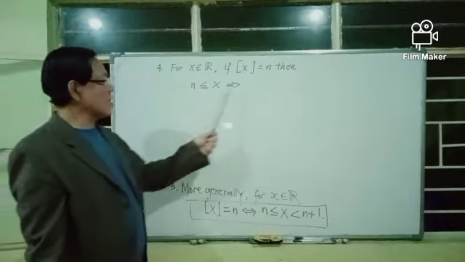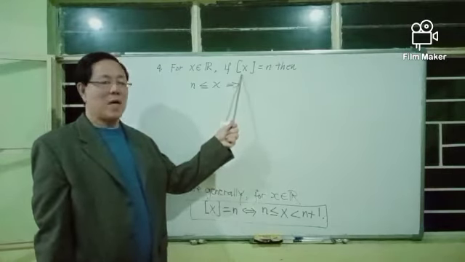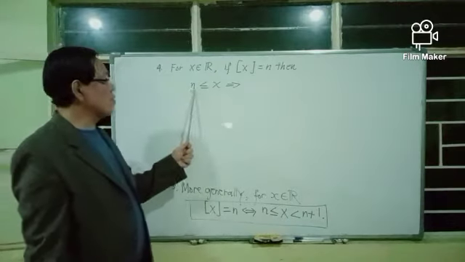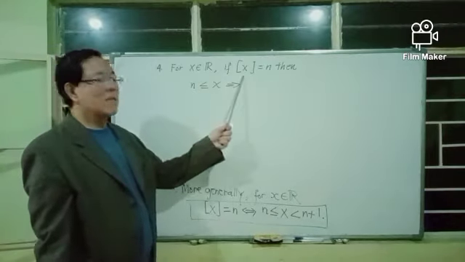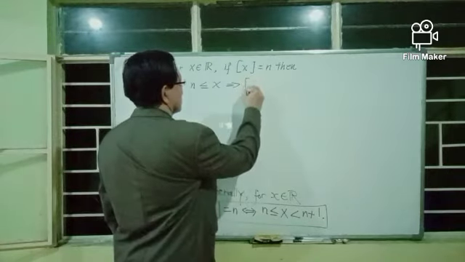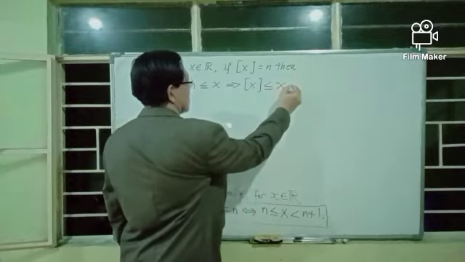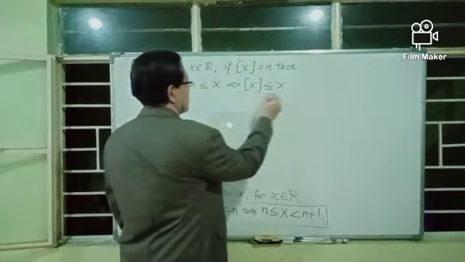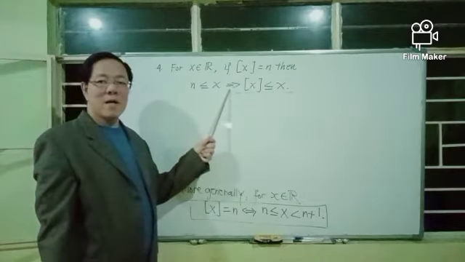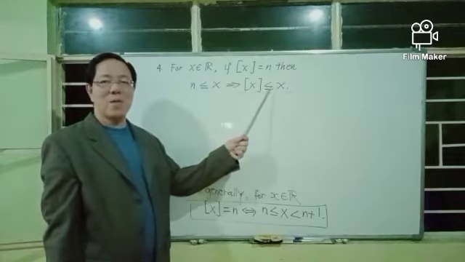But n here is equal to the greatest integer function of x, or the floor of x. Hence, this relation implies that, replacing n with the greatest integer function of x, the greatest integer function of x, we have shown, is less than or equal to x.